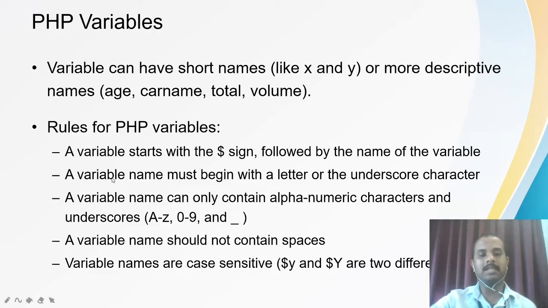The variable name must begin with either a letter or the underscore character, and the variable name can contain alphabets, that is letters, digits, or the underscore. The variable name should not contain any form of spaces, and variable names are case sensitive. So $y and capital $Y are completely different.